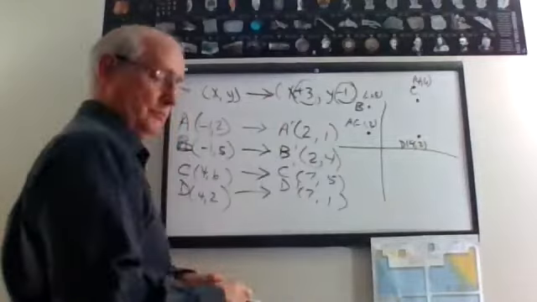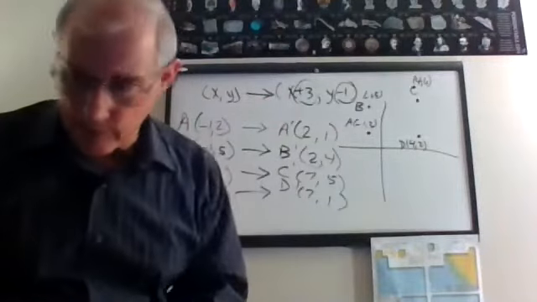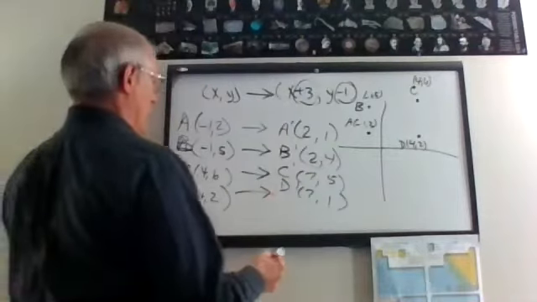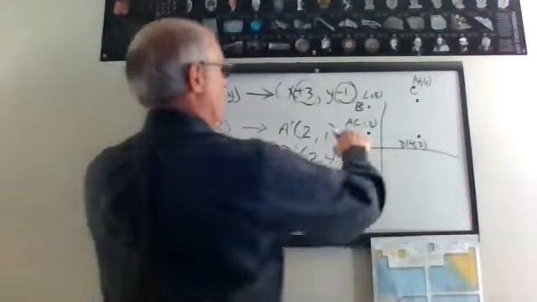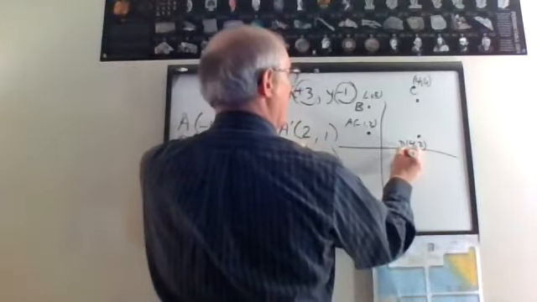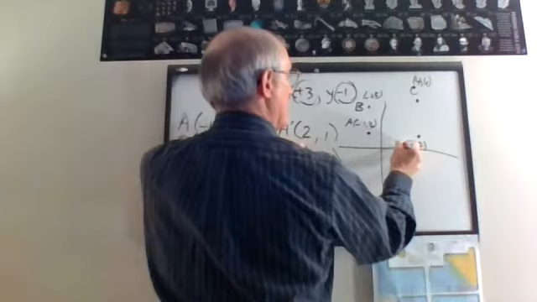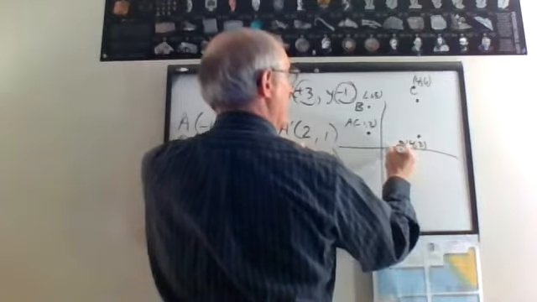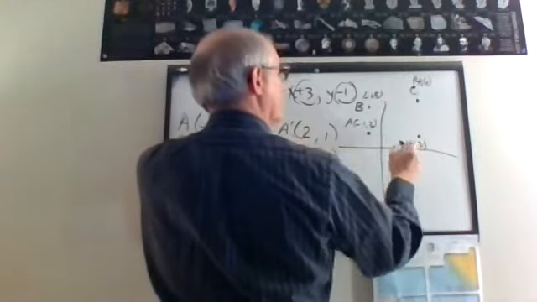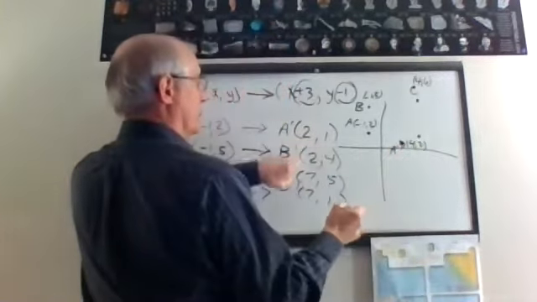That is D. And then we're going to go ahead and make this other one red, just because. A is going to go down to over 2, up 1. We're going to call that A prime. I'm not going to put the ordered pairs in there.